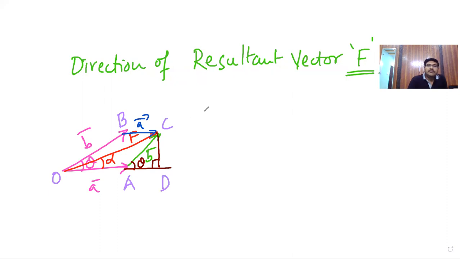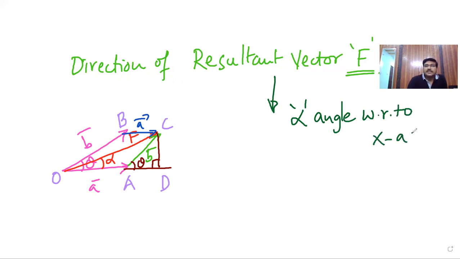Now, what is the direction of this resultant vector? The direction of the resultant vector is the angle alpha with respect to the x-axis. Now, in right angle triangle OCD, again I am making use of the same right angle triangle OCD.